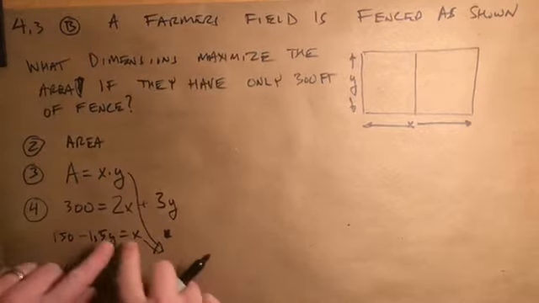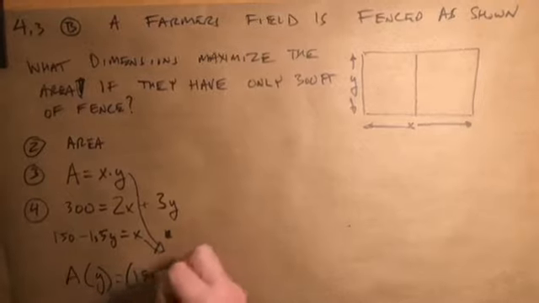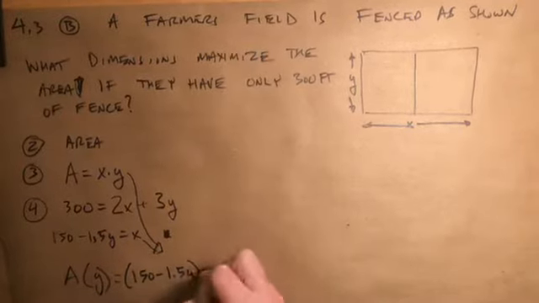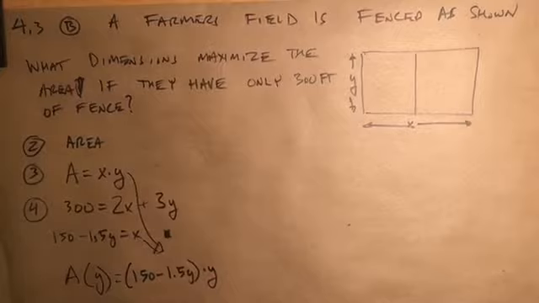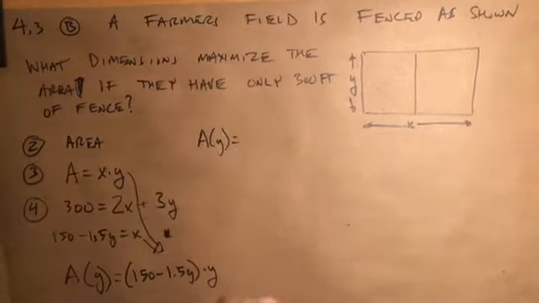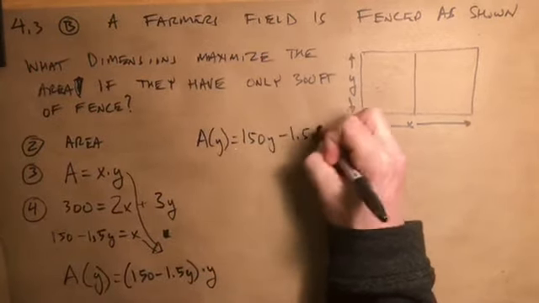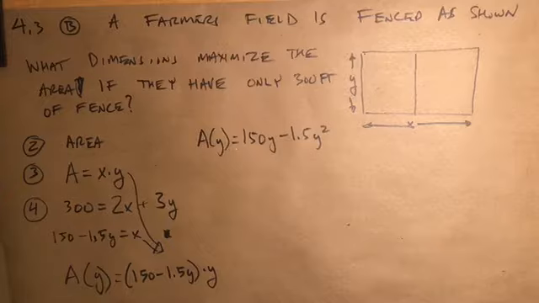And to substitute whenever I have x in my previous formula, I'm going to write here 150 minus 1.5y times y. I'm going to do a little bit of housework here. And so 150y minus 1.5y squared, and we have our relationship.